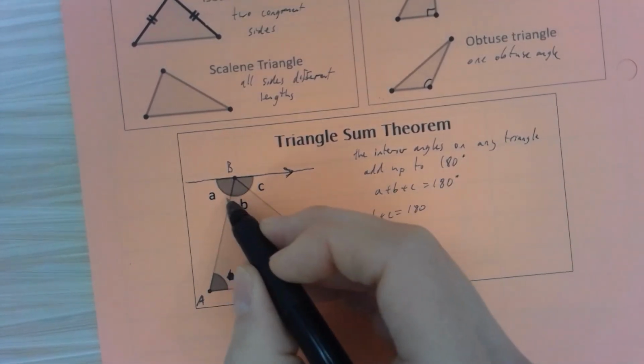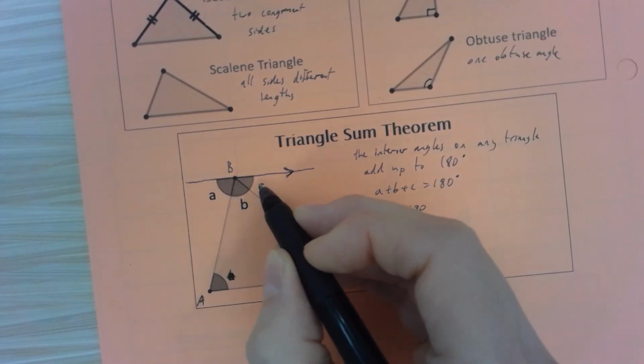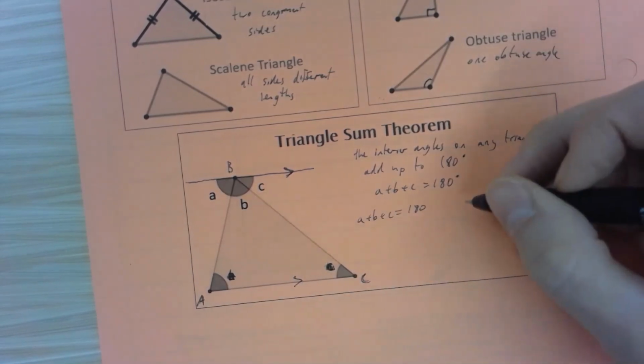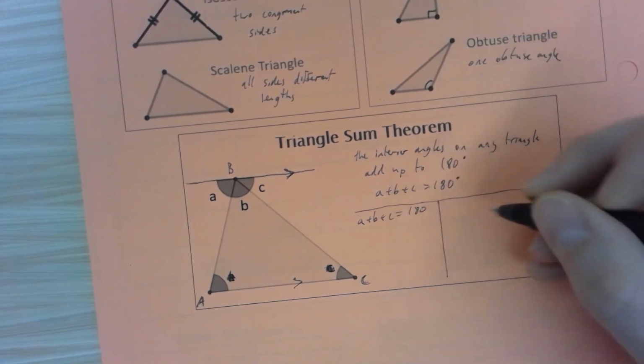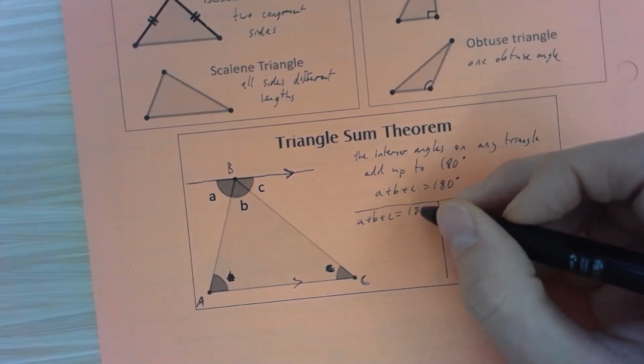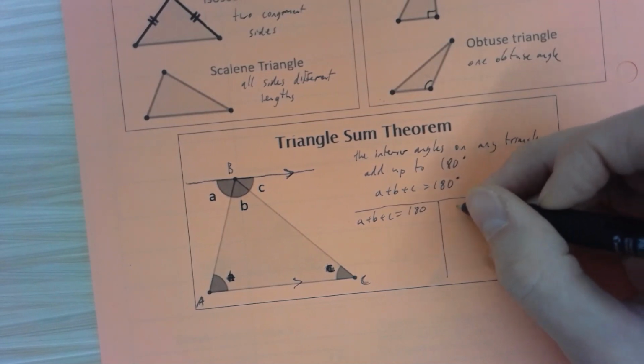Why? Well, those three angles form a straight angle, and straight angles are 180 degrees. So as far as proof goes, if we're going to prove this in two columns, we could say A plus B plus C equals 180 because they form a straight angle.